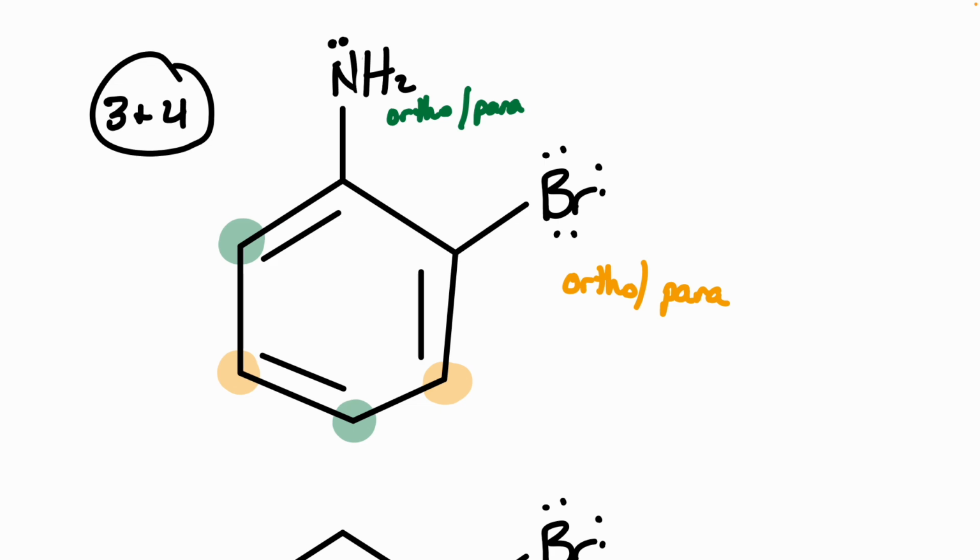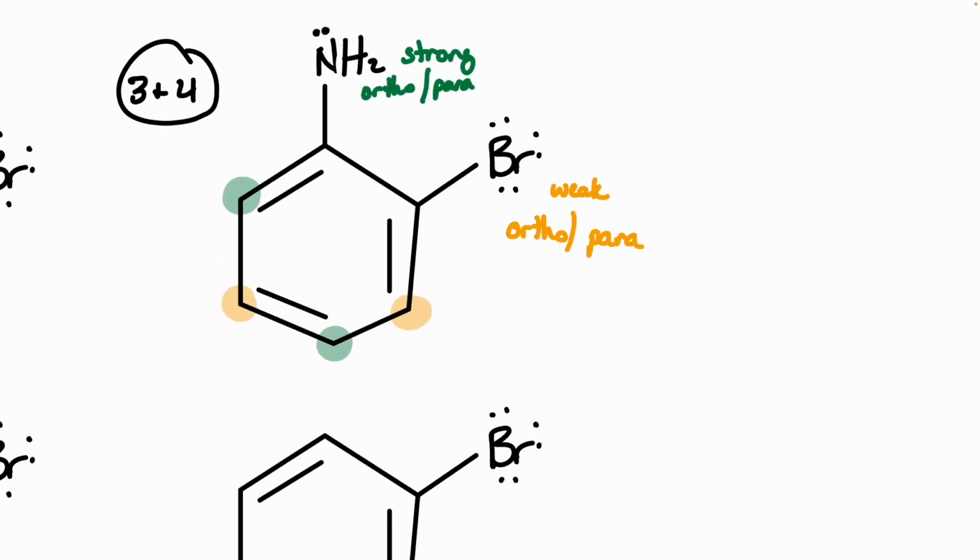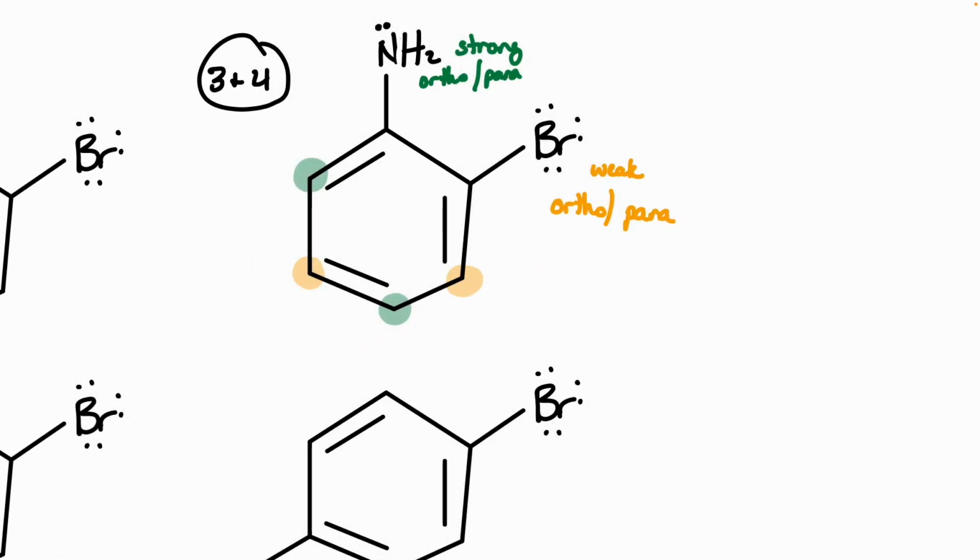So this is where we got to worry not just about ortho-para and meta-directing, but about the strength of those groups, right? Bromine was a weak ortho-para director, whereas that amine was a strong ortho-para director. So who's going to win? The strong is going to win. It's going to be the amine that dictates where that incoming group goes.